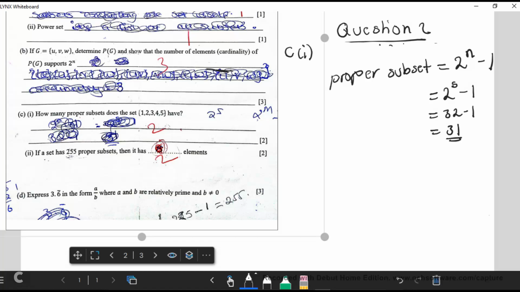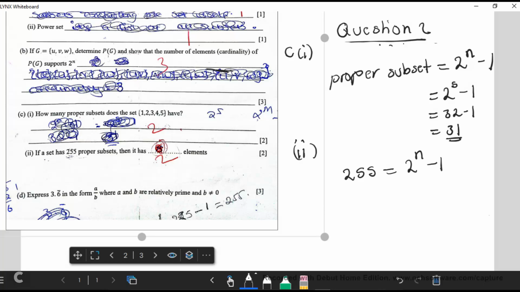Then let's go on to C2. So this C2 says if the set has 255 proper subsets, then it has dash elements. So the formula of the proper subsets is this, right? So the set has 255 equal to 2 to the power n minus 1.